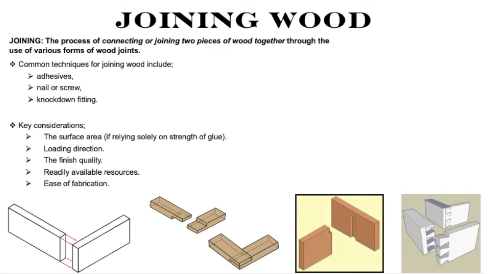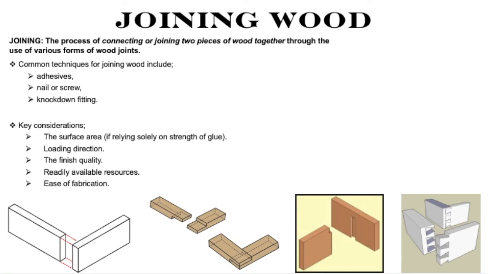And in addition to that, it is also important to note that even though different joints have different strengths, there are additional things that you can do to the joints to improve the strength. This includes things like having biscuits in the joints or dowel pins or splines and many other tricks that are out there.